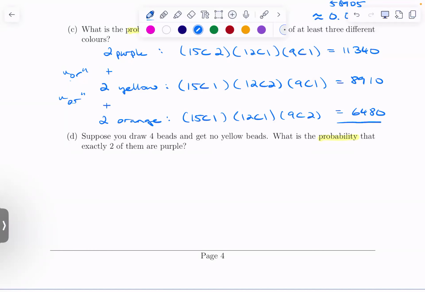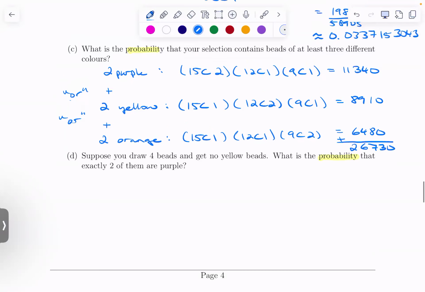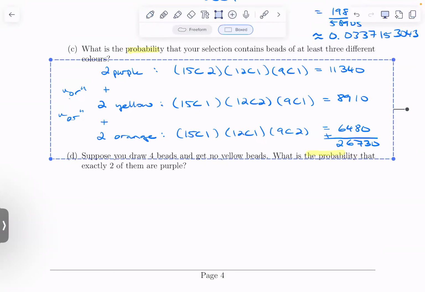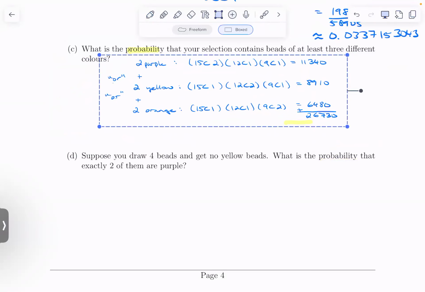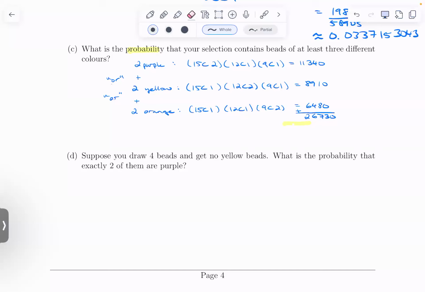Which means that in total here, if I add these all up, I get 26,730. And I guess I'm going to have to make this smaller because I need more room.